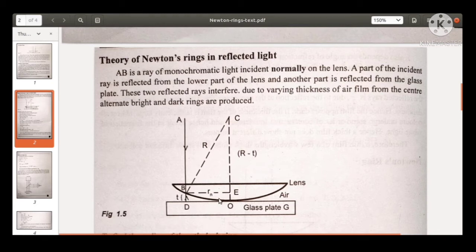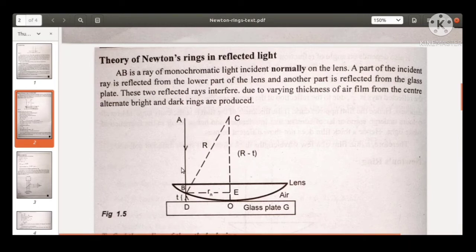Since this is T, this OE is also T. So the total distance OC is nothing but, sorry, CE is nothing but OC minus OE, which is R minus T.